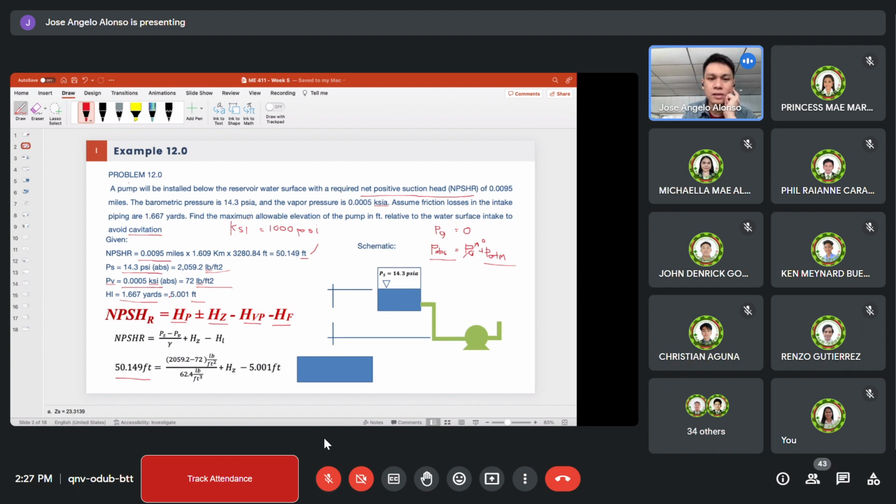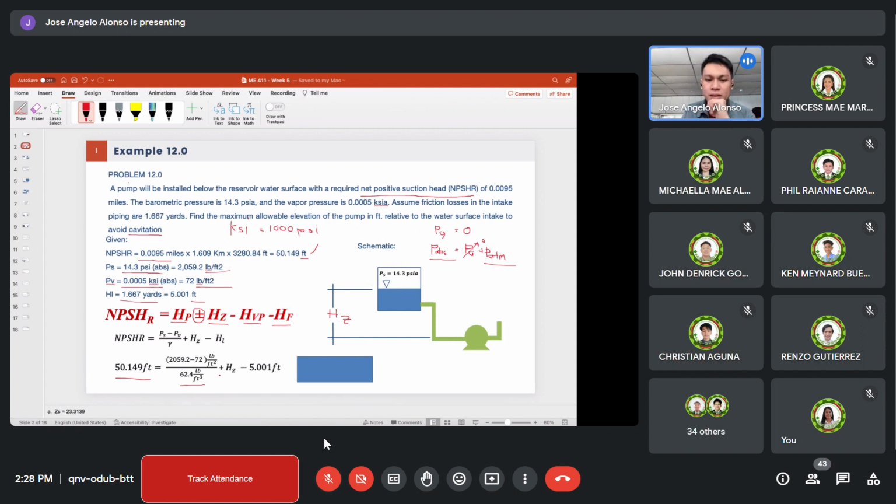Pressure in suction side is 2,059.2 minus the pressure ng vapor, which is 72 pounds per feet squared, divided by the specific weight ng water. Sa English unit, siya is 62.4 pounds per cubic feet. Okay, so yung elevation na hinahanap kasi natin dito, class, is yung reservoir is above the pump center line. So we know that if it's above the pump center line, yung sign na gagamitin natin dito is positive.